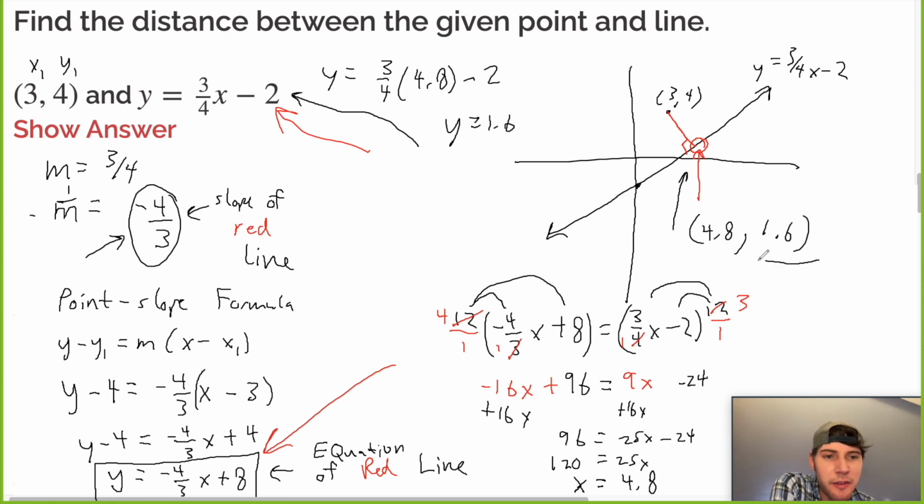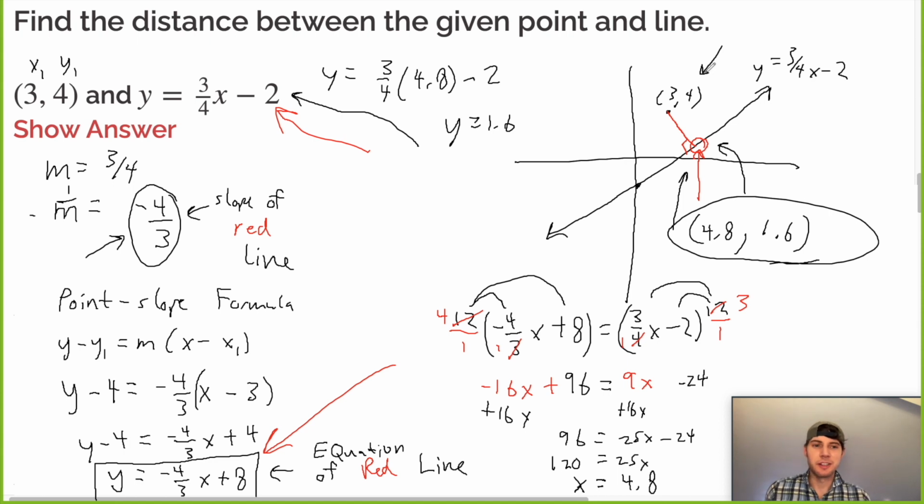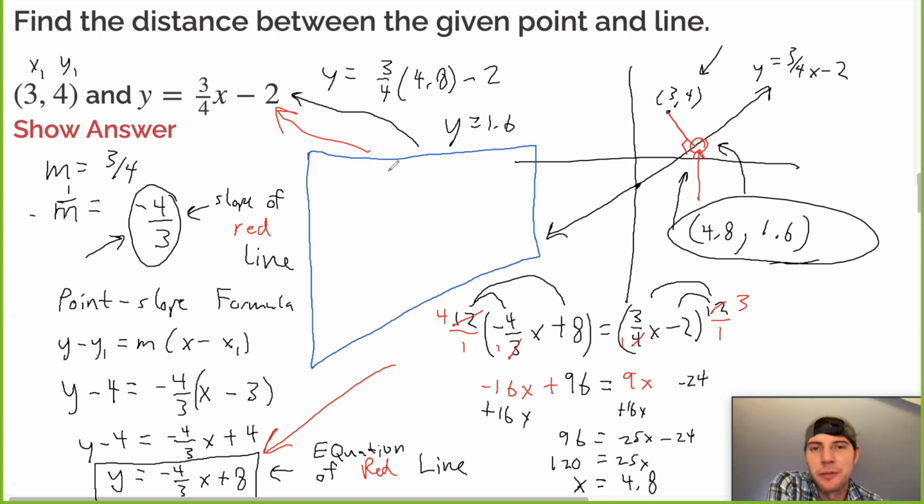Now I have this point and I have this point. So my last step is just distance formula, because if I have 2 points, I can use distance formula to find the distance between those 2 points. I'll do that in the middle here in blue. Sorry, my page got full, but I think we can finish in this space. Distance is equal to the square root of (x1 - x2) squared plus (y1 - y2) squared.